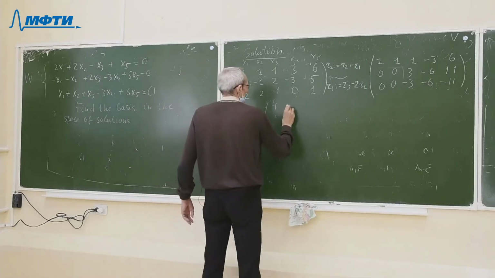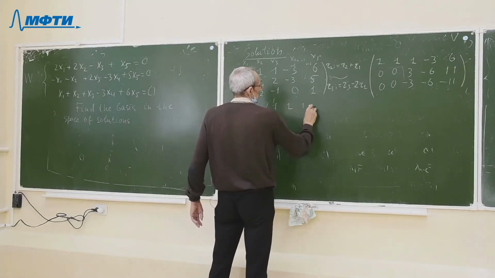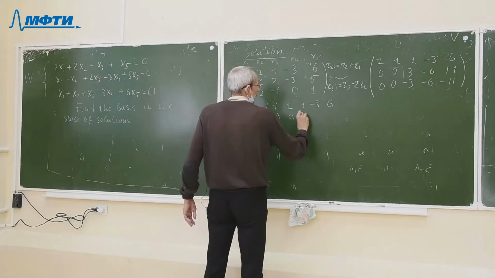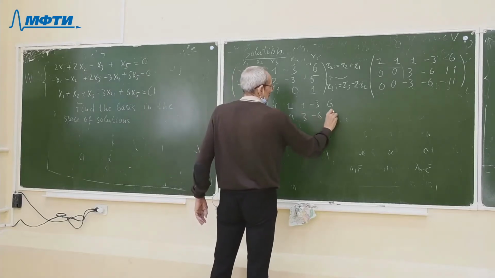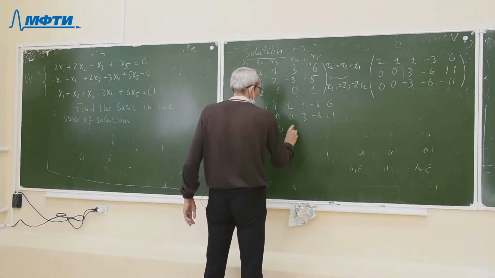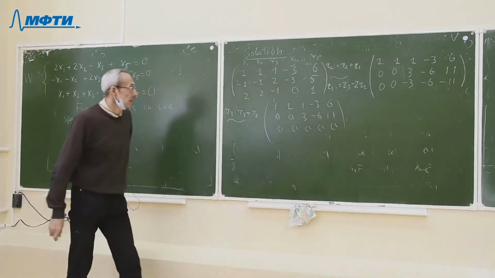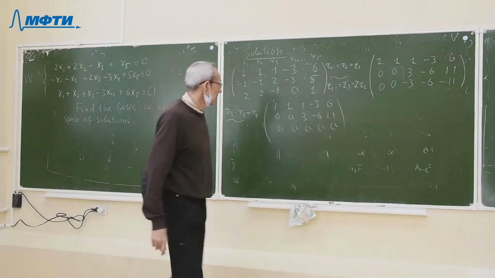First row I rewrite, second row I also rewrite. And the last row is equal to 0.